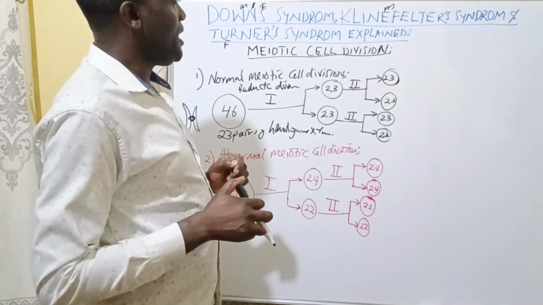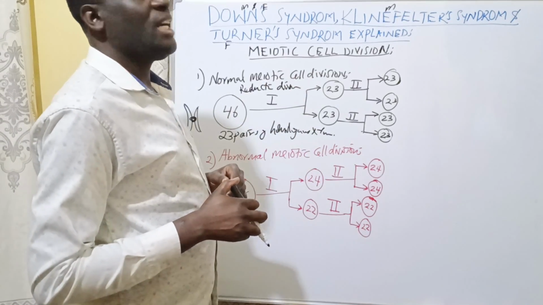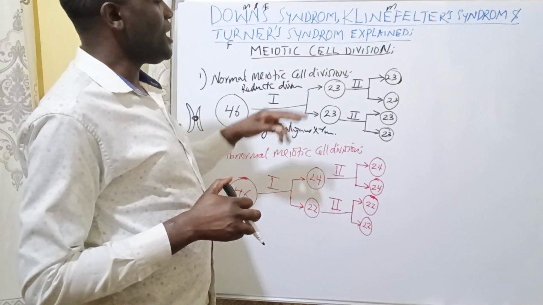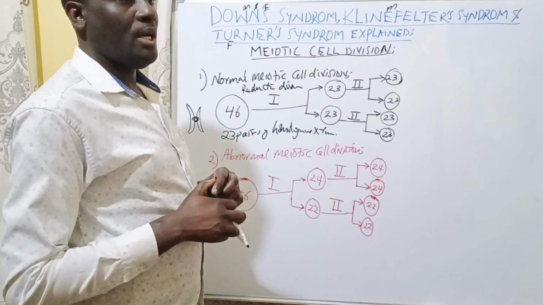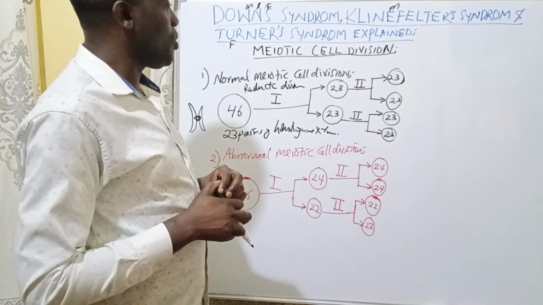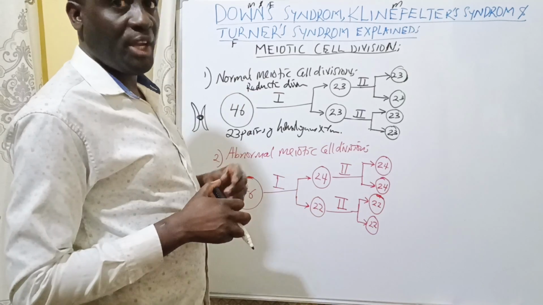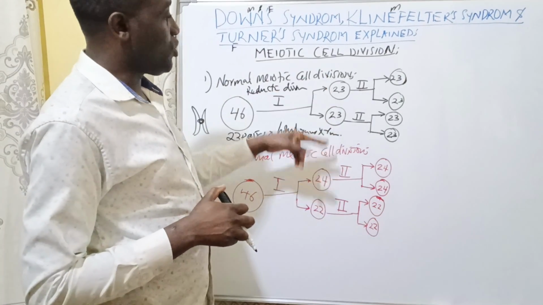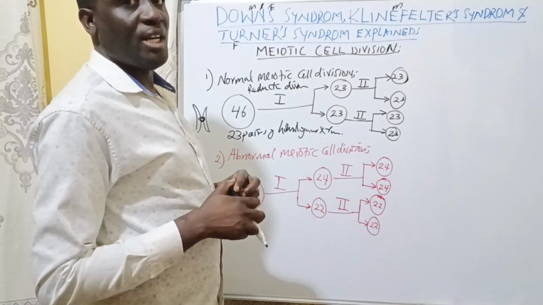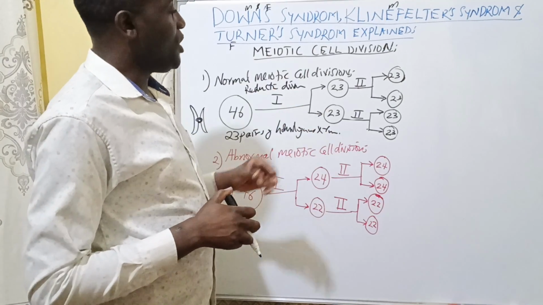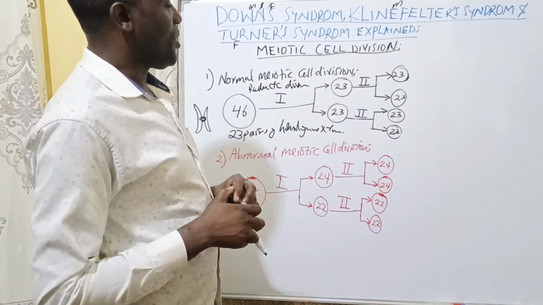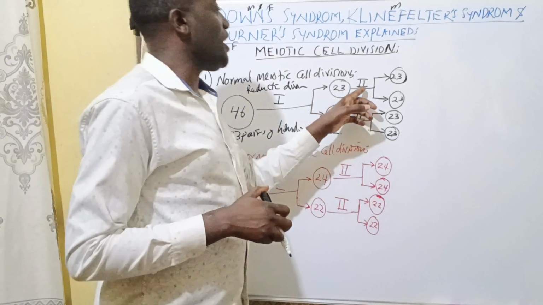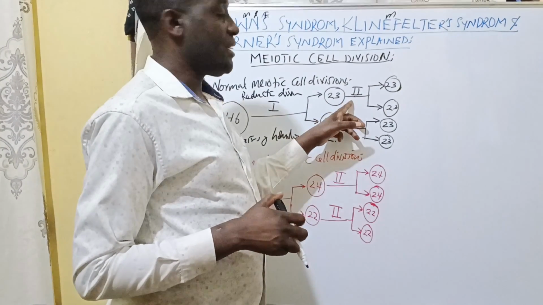There we shall say that meiotic cell division has agreed with Mendel's first law of inheritance, or the law of segregation, because we shall assume that both chromosomes have sorted independently or have separated very well. Okay. Now meiosis 2 again occurs in the resultant nuclei.